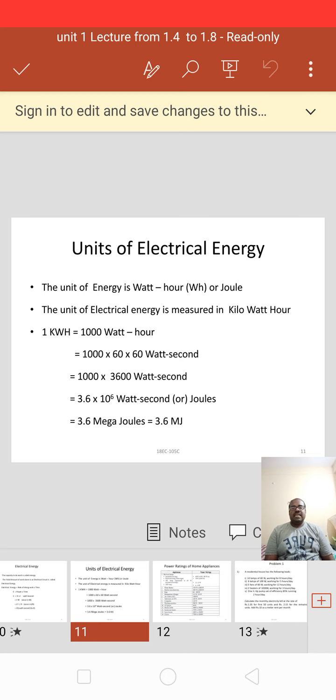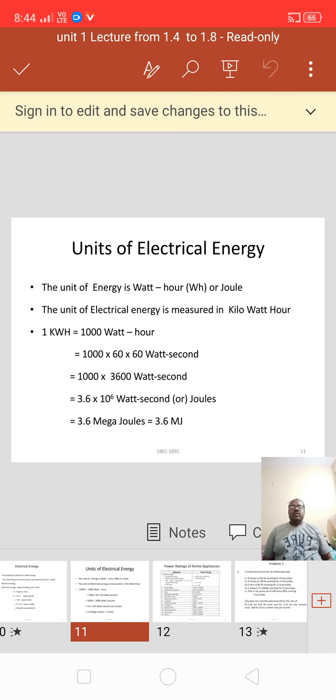In watt seconds, 1 kilowatt hour equals 1000 into 60 into 60 watt seconds, that equals 1000 into 3600 watt seconds. That is converted into 3.6 into 10 power 6 watt seconds or joule.